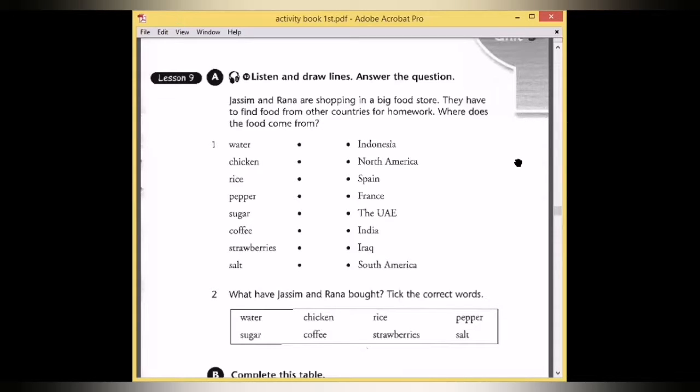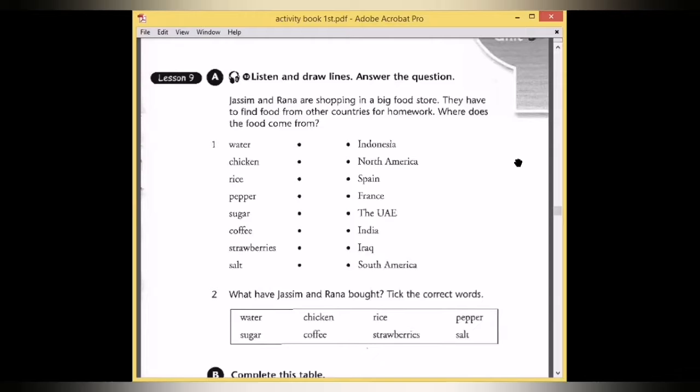Exactly. Now sugar. What about sugar? It comes from North America. North America. It's okay, Abdulaziz. Now, coffee. What about coffee?